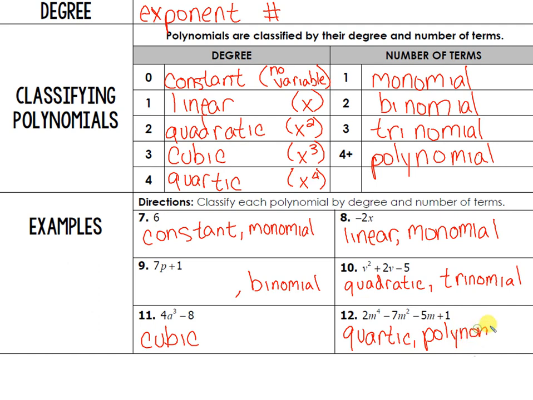We've got 4 or more things. We have a polynomial. I want you to finish on number 9. Tell me the degree based on your exponent. Then on number 11, classify it by the number of terms, and then continue on.